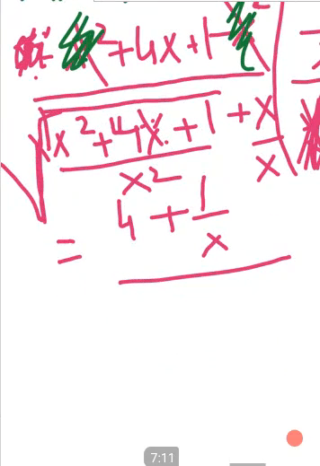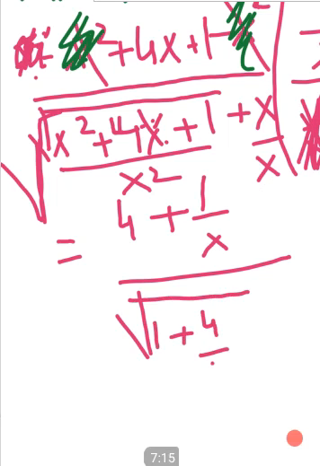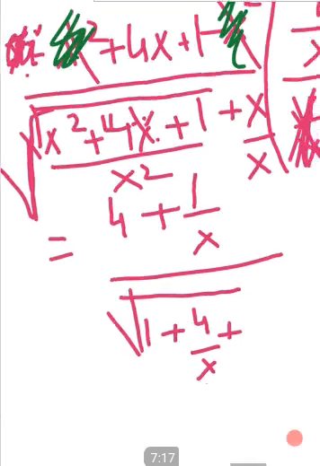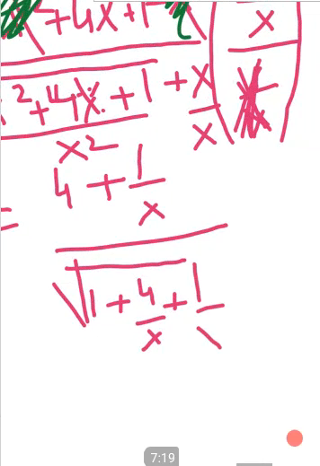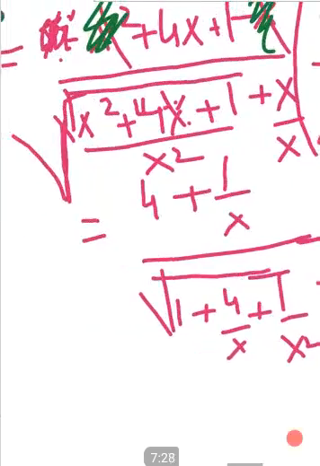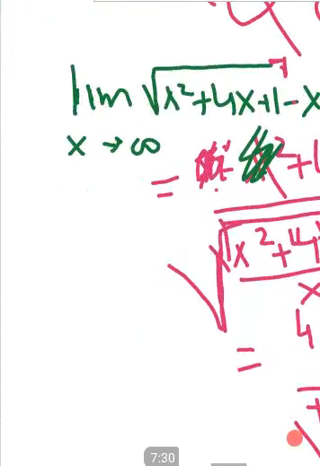So this can be written as root 1 plus 4 by x plus 1 by x square, plus 1. Now we can see that x approaches infinity from the question.